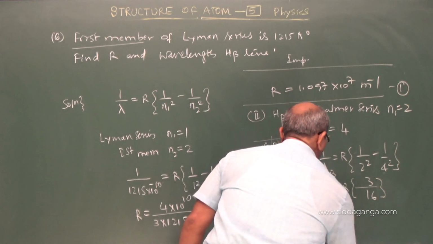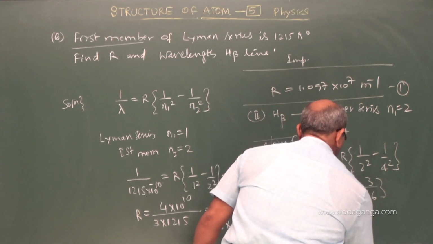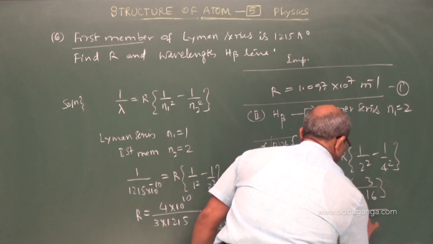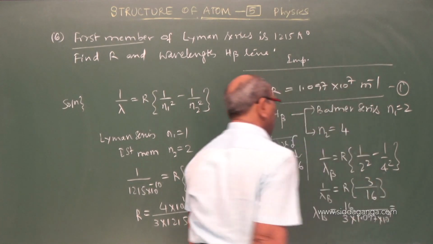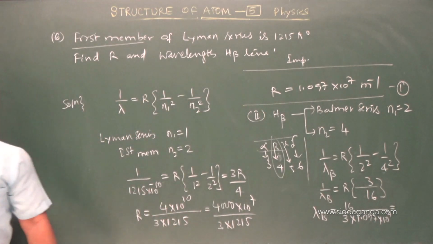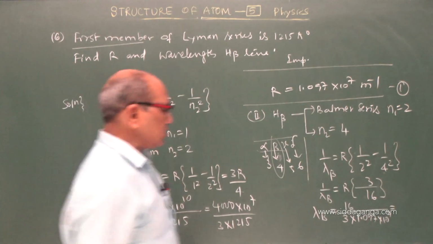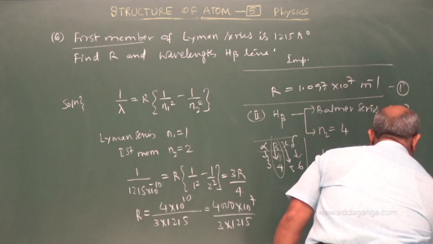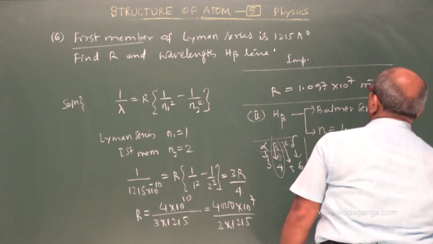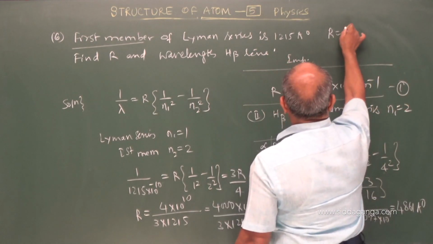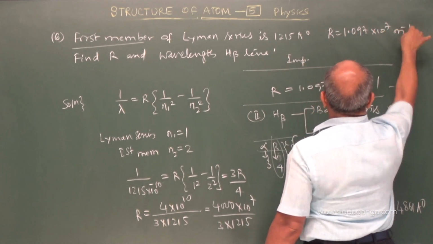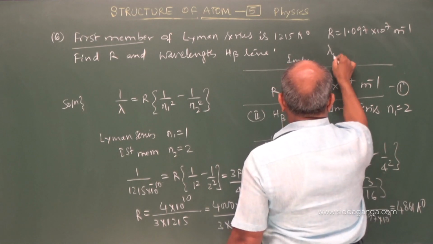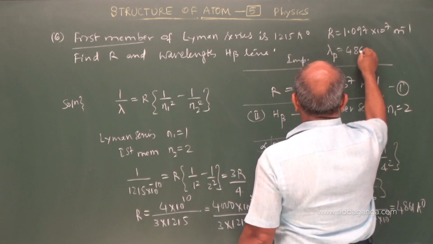Therefore lambda beta is equal to 16 by 3 into 1.097 into 10 power 7, and if you simplify, you will get 4861 angstrom. Thus the value of R is 1.097 into 10 power 7 per meter and lambda of beta is 4861 angstrom.